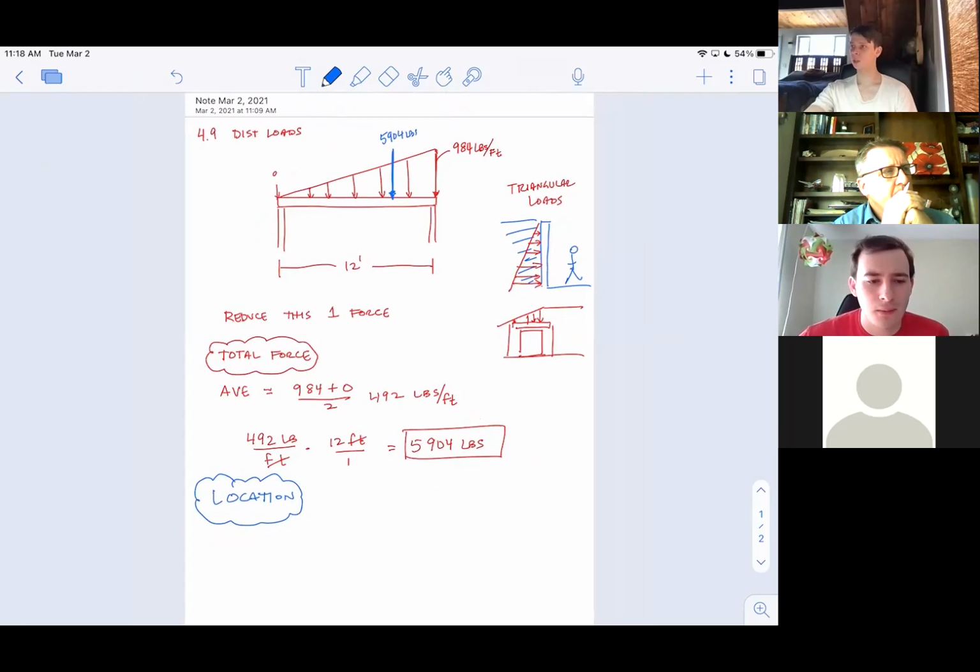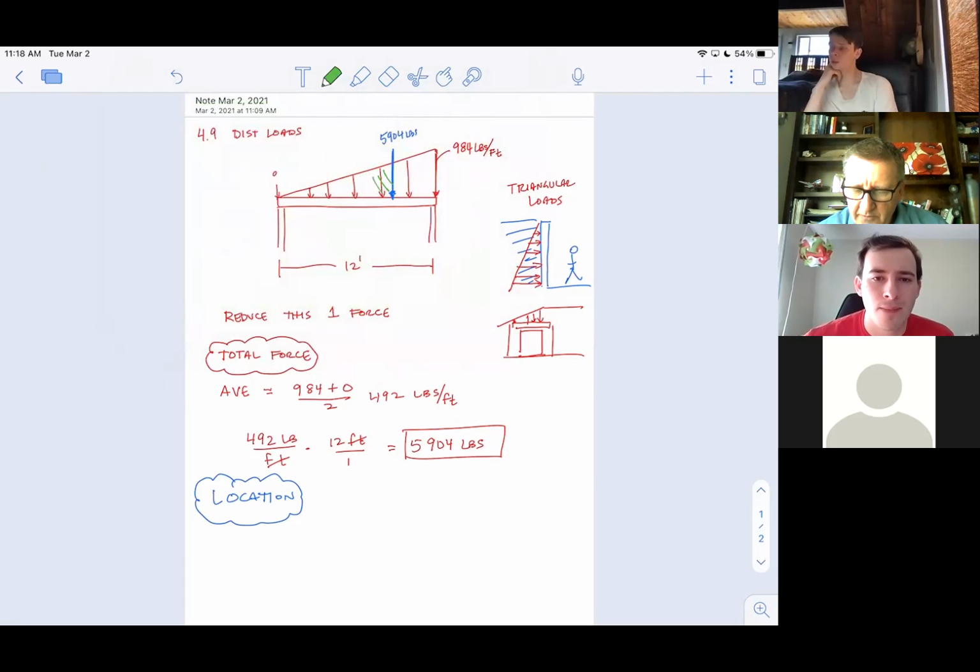Well, I guess we need to know the angle of a triangle, no? Yeah, in a sense, you could figure out the angle of the triangle. Again, one of my gut reactions to this would be, if I came back here, does it make sense for that to be in the middle? Wouldn't I have to have kind of like the same area on that side as I had over on this side?